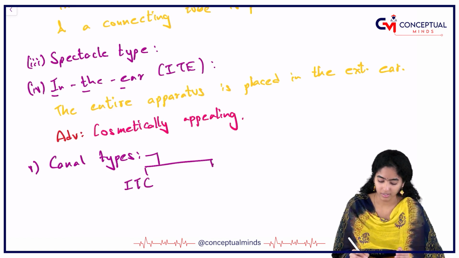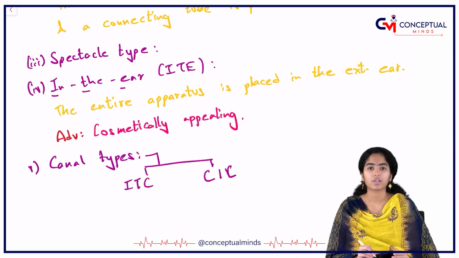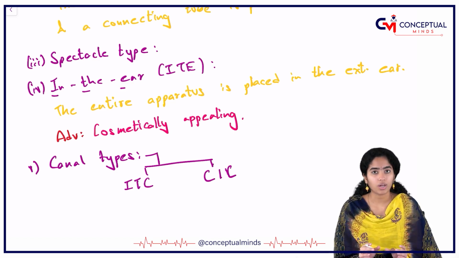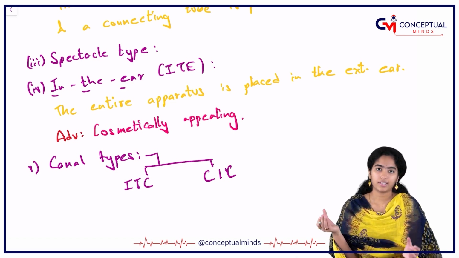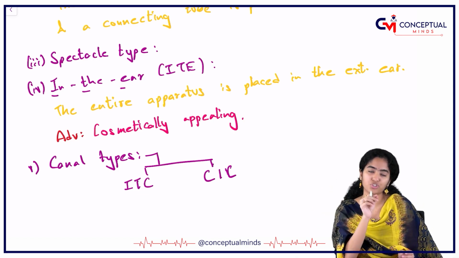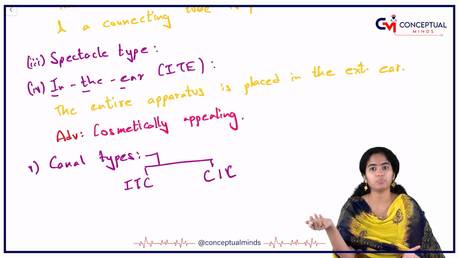Okay, ITC and CIC. Now this hearing aid is so small that the entire apparatus, you cannot even see it in the concha. It's pushed into the external auditory canal. So cosmetically it's even better.